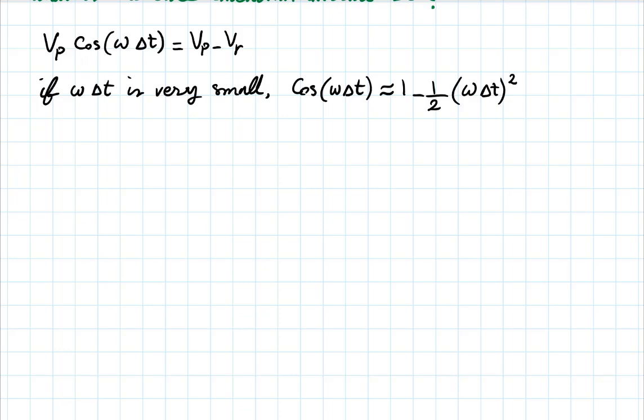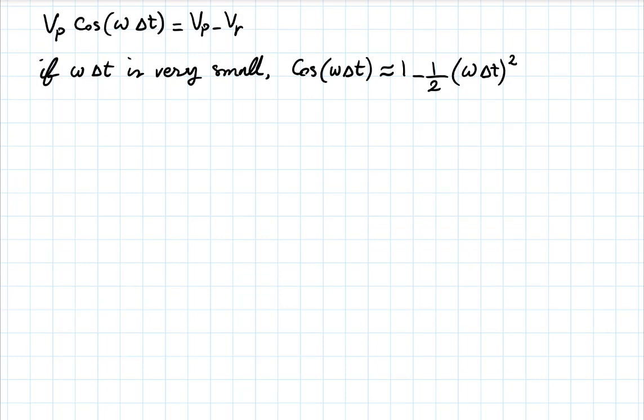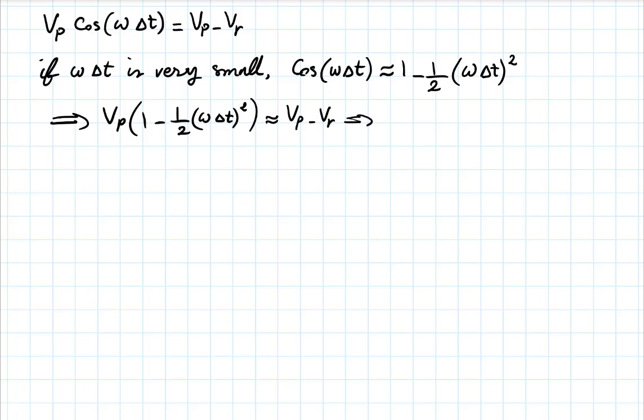So this will give you a good approximate expression. So Vp times 1 minus half omega delta t squared has to be Vp minus Vr. So then you have omega delta t being approximately the square root of 2 Vr by Vp. Correct?